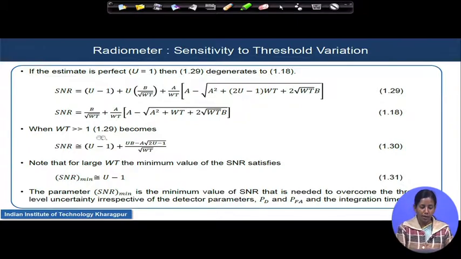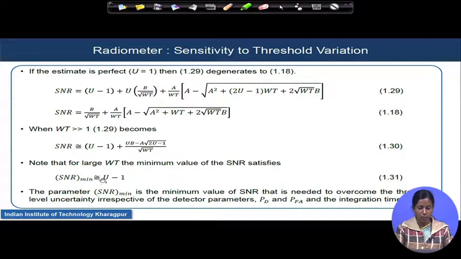And when WT in this equation and also in 1.29 becomes very high, greater than 1, then SNR can be easily approximated only by the uncertainty factors and the factor of A. It is simplified. And for very large values of WT, the minimum value of the SNR that is required satisfies u minus 1.